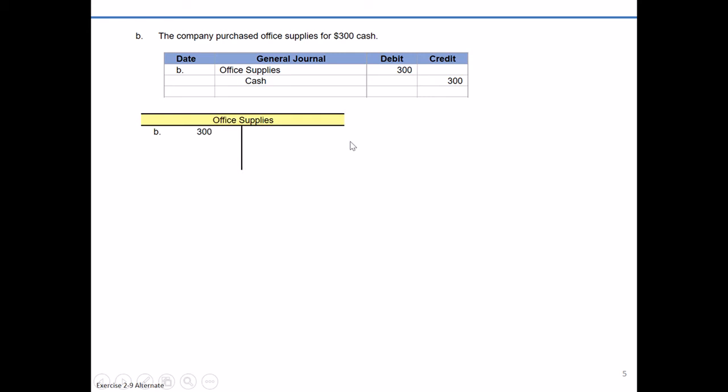Office supplies, our first entry here, we're debiting it. Remember, debits are here on our left. Cash had a prior debit of $11,250 from Casey's first initial investment, but now we're going to credit it on the right-hand side for $300 because we're bringing this cash account down.